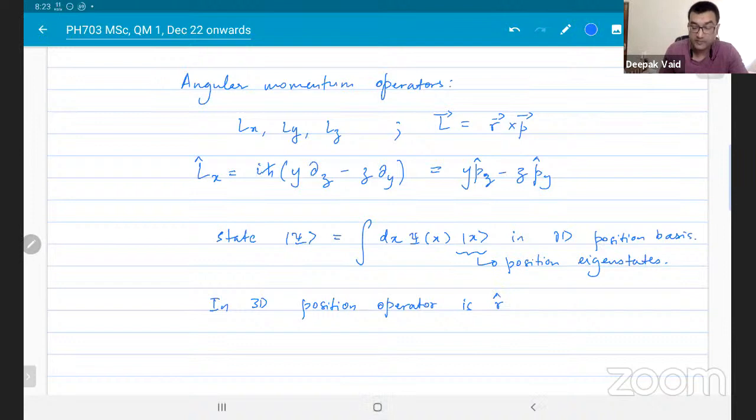I'll put a hat on it, but it's not a unit vector, right? This is the operator R, with eigenstates, what are going to be the eigenstates? So I should call this vector R. This is a little bit of a complicated notation, but you know.